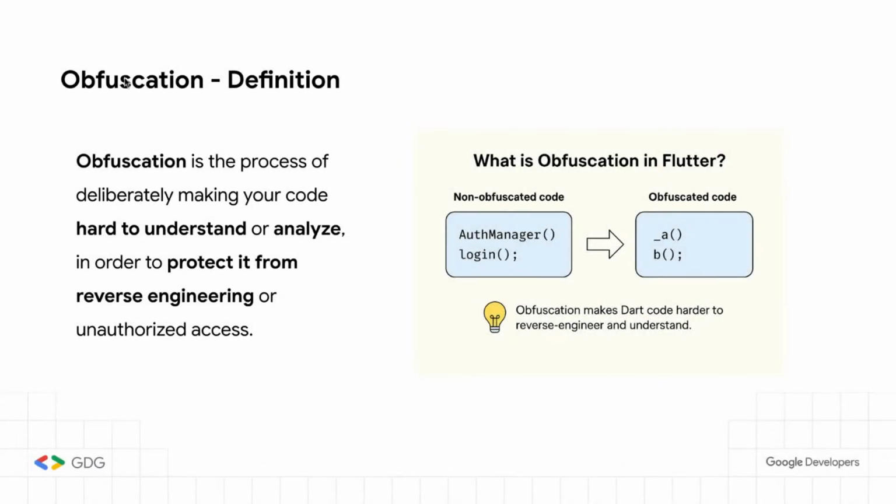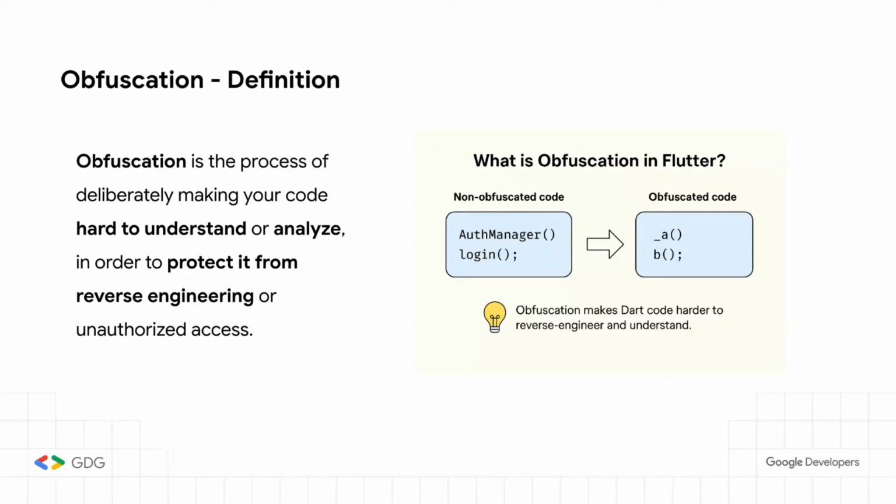Now, let's discuss what obfuscation means. Obfuscation is the process of making your code hard to understand. Now, we are working on a very big application, and we want to apply all kinds of security measures to this application.